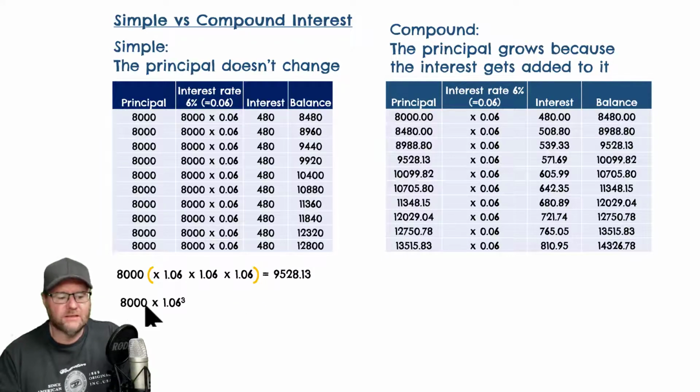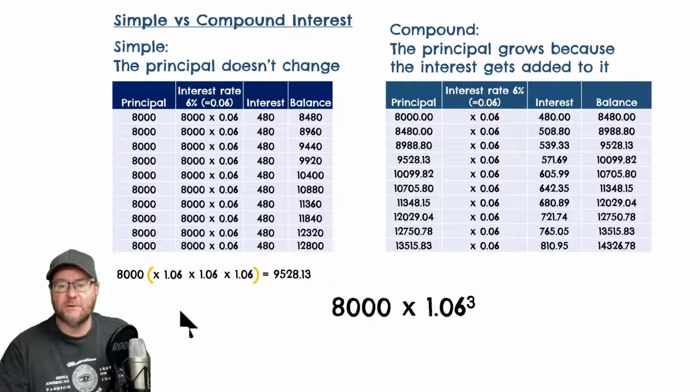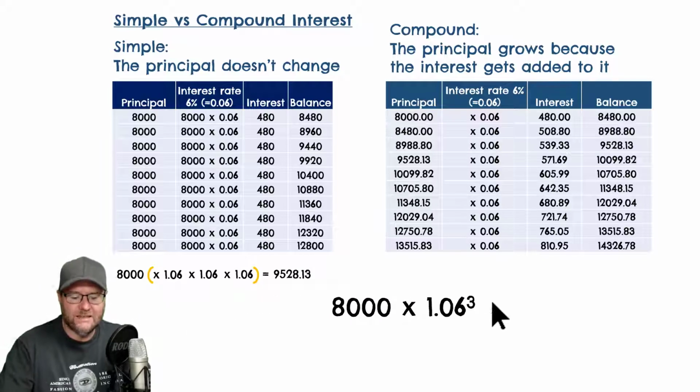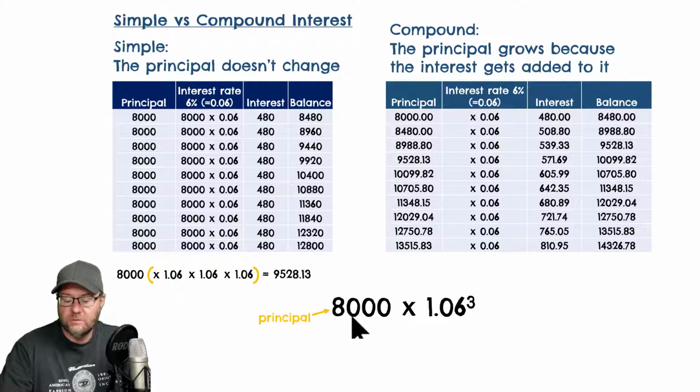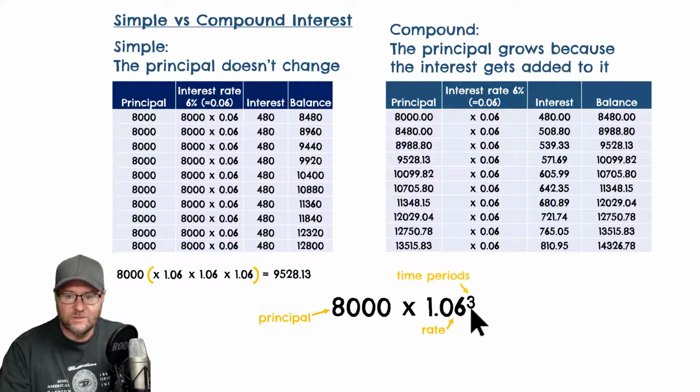So really I've got 8,000 times 1.06 cubed, because it's times itself 3 times. And this is where the magic happens, because let's have a look at what is in this. This amount, the 8,000, was my principal. This amount, the 0.06, was my interest rate. And this number here was the 3 time periods that it's multiplied by.